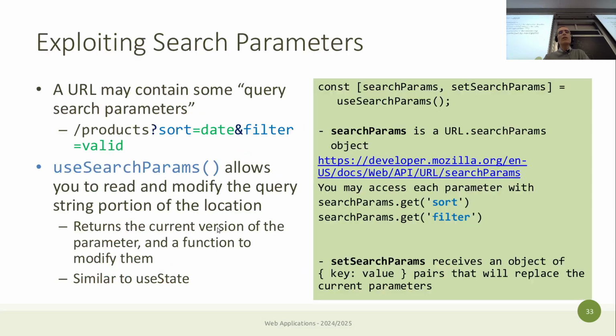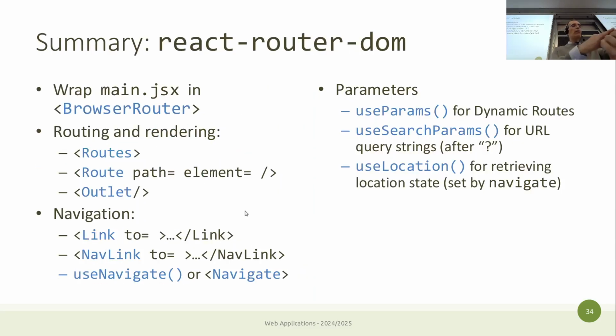Okay, so this is the summary, and then we will have a break also for me. So let's start with saying, okay, we want to use the React Router library. We need to wrap everything with BrowserRouter. We do it in main.jsx, and then we need to define the routes. Think slash, and slash something else, depending on your application.